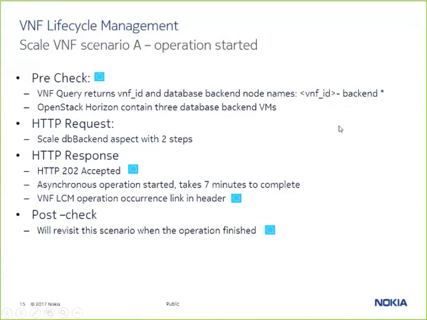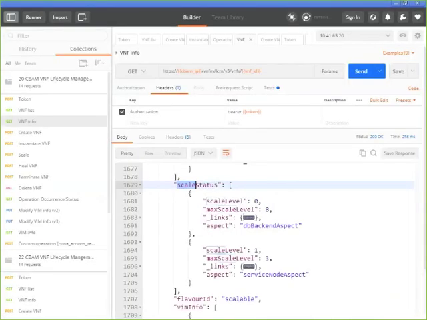Okay, so let's then have a look on that. I am using Postman for demonstration purposes, and I have already issued VNF info and scrolled down for you to the appropriate part because it's a relatively large information set coming back from VNF information.